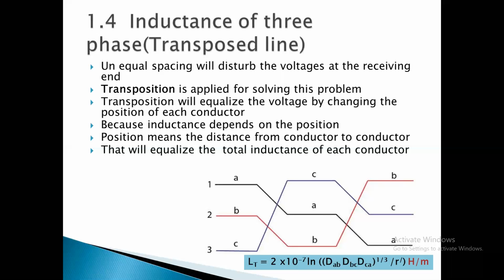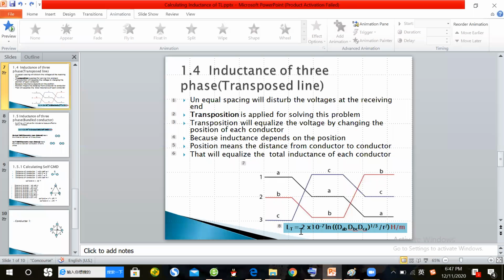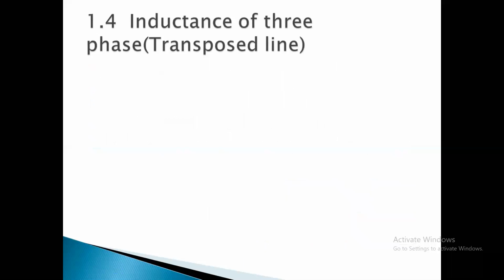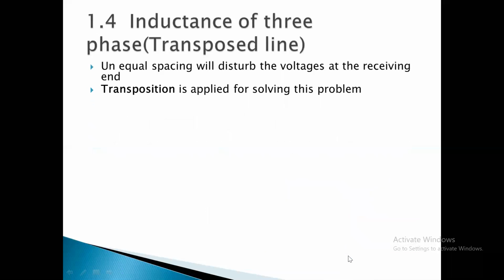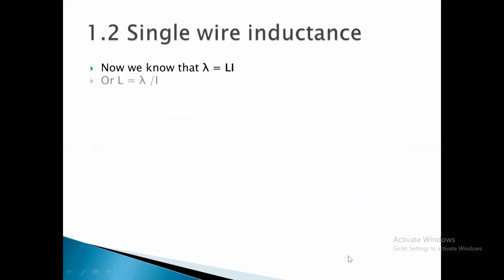So this is the formula in case of a transposed line. This is the formula for DAB. Now this formula can be the same.